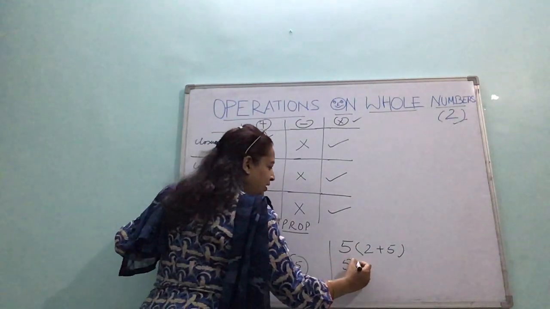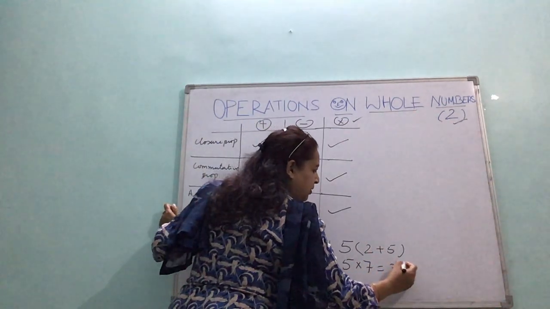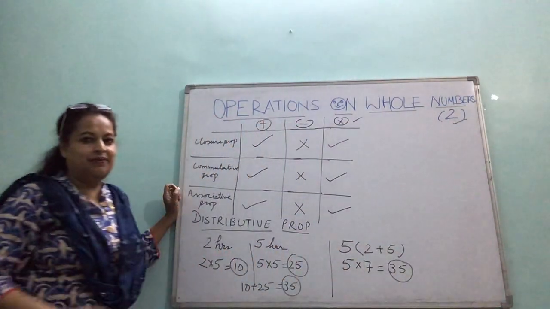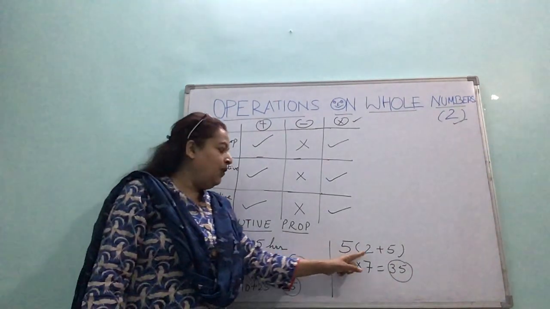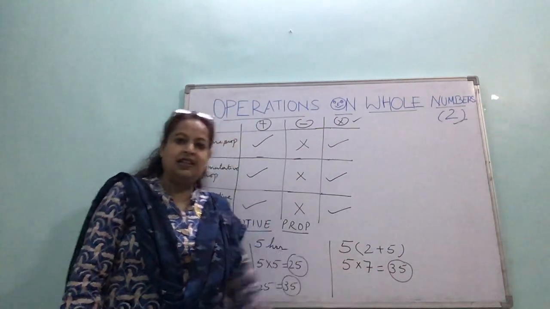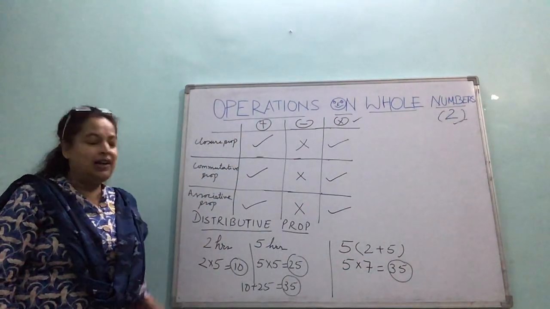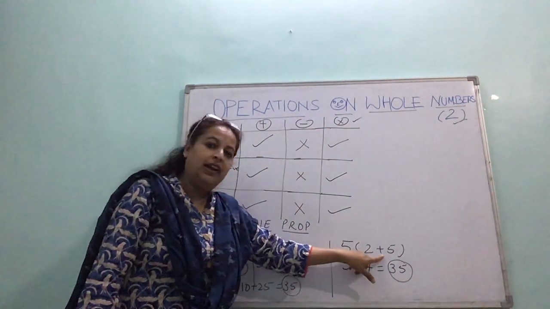So it would be 5 into 7 because 2 plus 5 is 7. How many chocolates do you get in all? 35. The result is the same if you multiply separately, or if you add first and then multiply by the common value. This is called the distributive property of multiplication over addition.